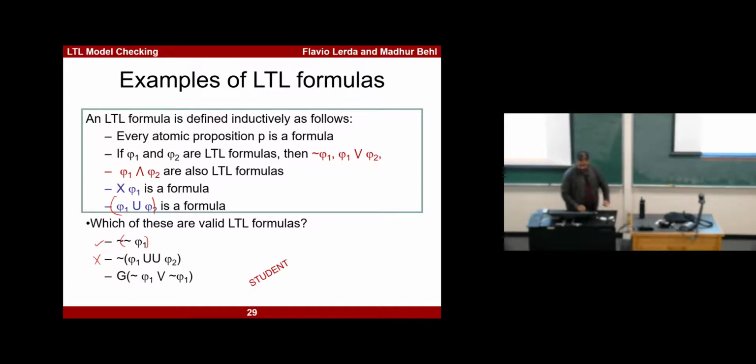And the last one, always not of phi 1 or not of phi 2. That's allowed, okay? Because or is a valid LTL, even though it's not part of the main dictionary, it can be derived from negation. Therefore not of phi 1 or not of phi 2 is valid, and globally is also valid.